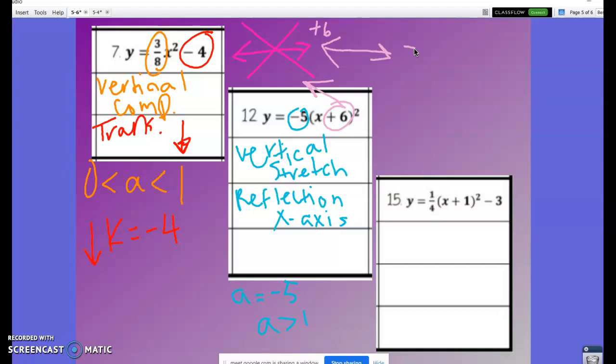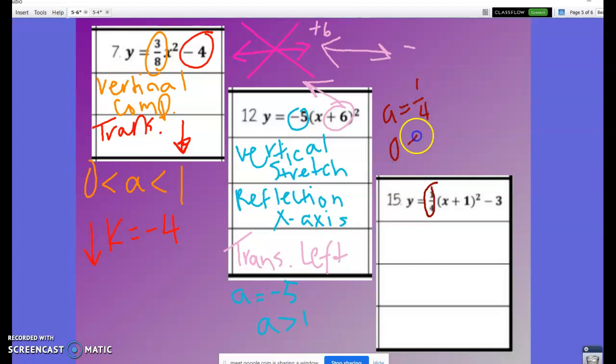So this is going to be a translation left. Or I think it's actually in the reverse order on the card. It says left translation.